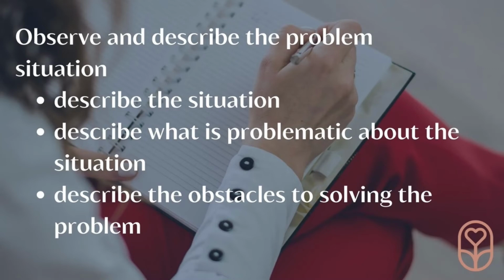When you observe and describe the problem situation, you use the mindfulness what skill of describing to give just the facts of the situation. You describe what about the situation is problematic. Include the consequences of the situation that make it a problem for you. An example would be working at a job you hate.